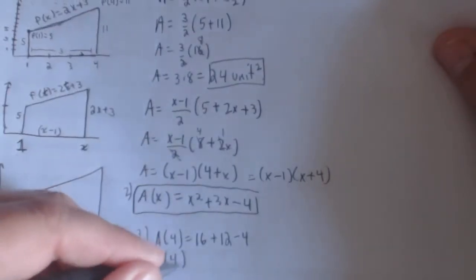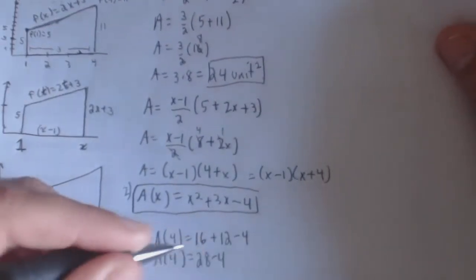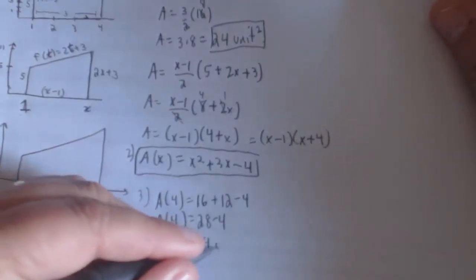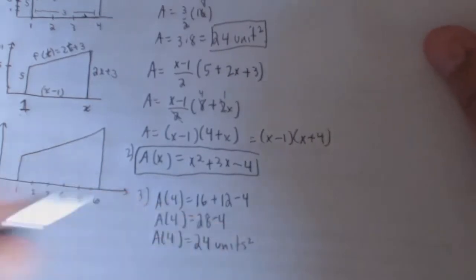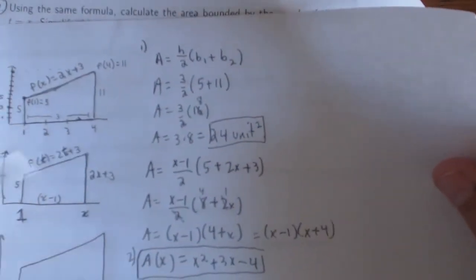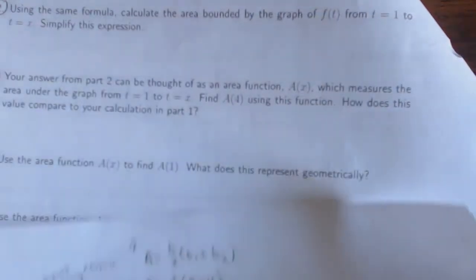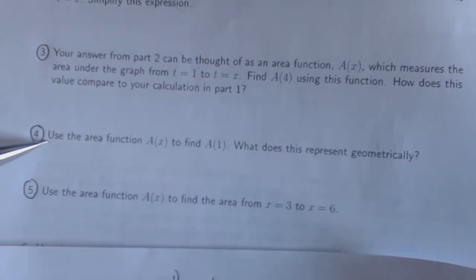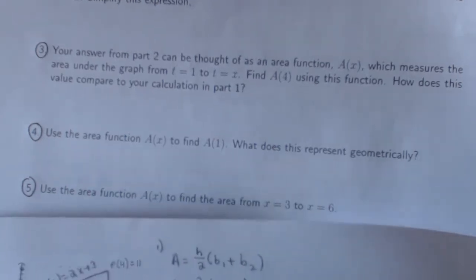A of 4 is 28 minus 4. A of 4 is 24 units squared, which is what we had when we had 1 here and 4 there. So this function works. Okay, so then number 4 says use the area function A of x to find A of 1, and what does this represent geometrically? So we know the function works.